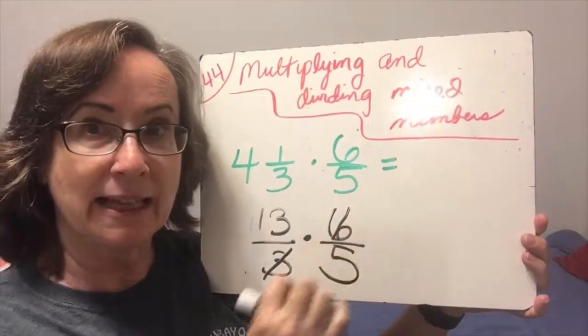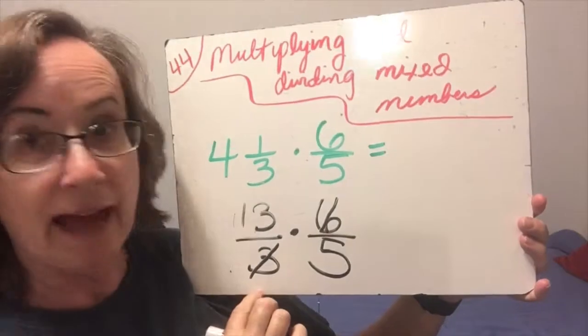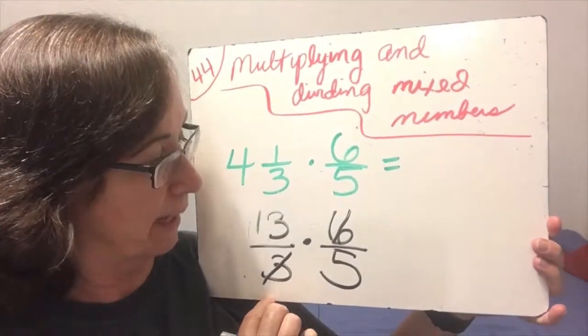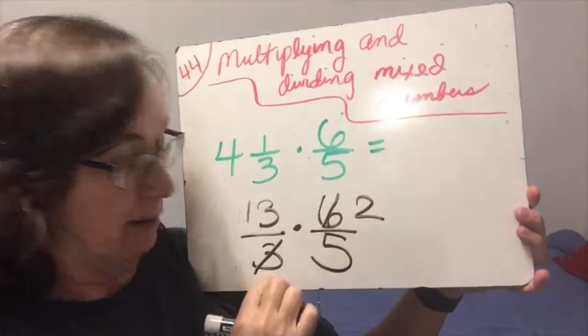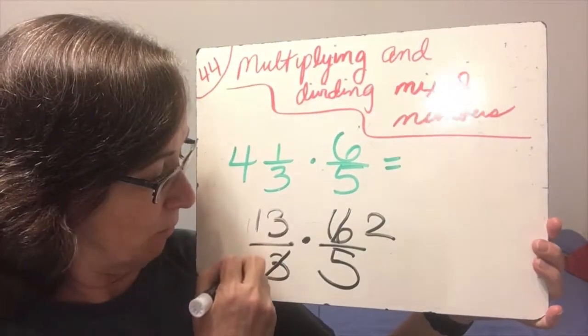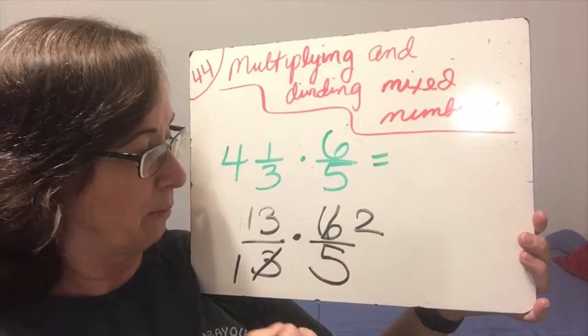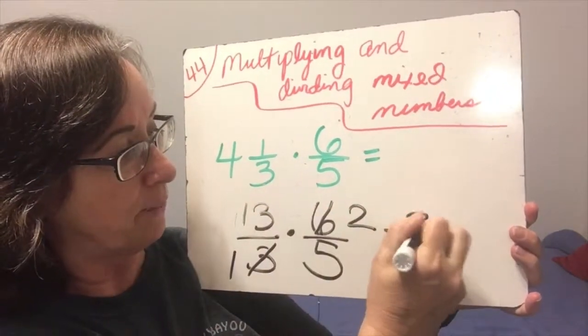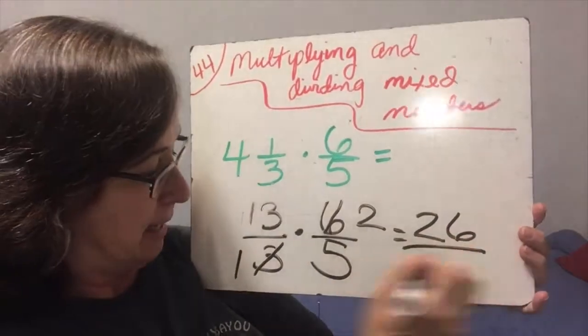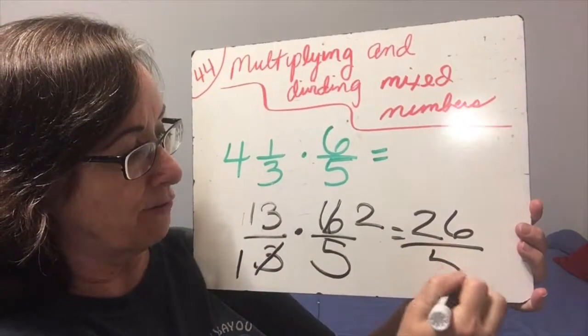So 6 has a factor of 3, and 3 has a factor of 3. So 6 divided by 3 is 2, and 3 divided by 3 is 1. So now when we multiply, we get 26. 13 times 2 is 26, and 1 times 5 is 5.